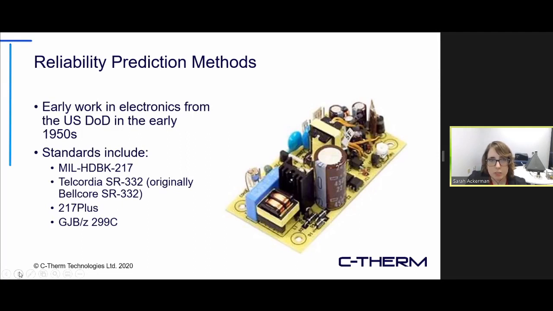There's a number of standards that exist internationally, including a military specification, as well as a civilian specification from Telcordia, which was originally a Bell Core specification from Bell Labs, as well as a few international ones, the 217Plus and the GJB standard from China.